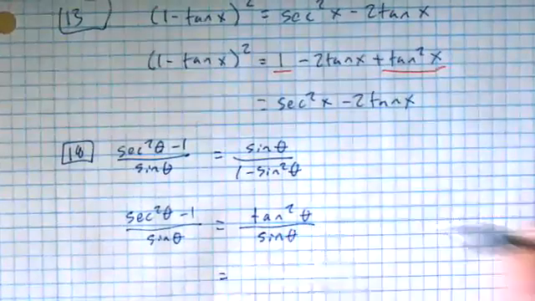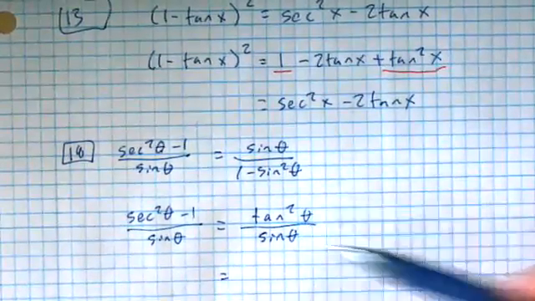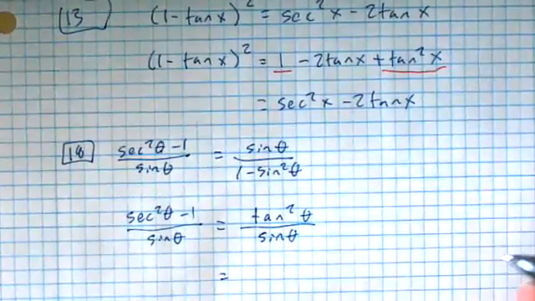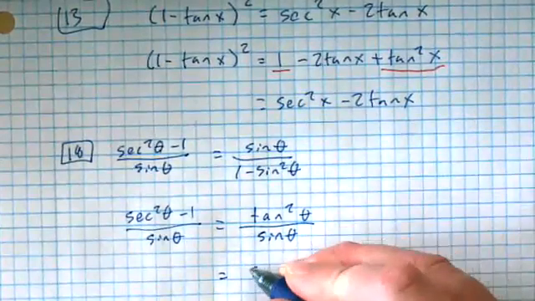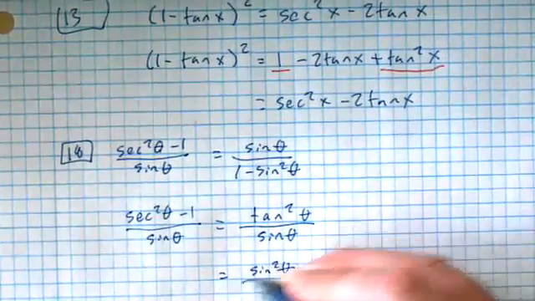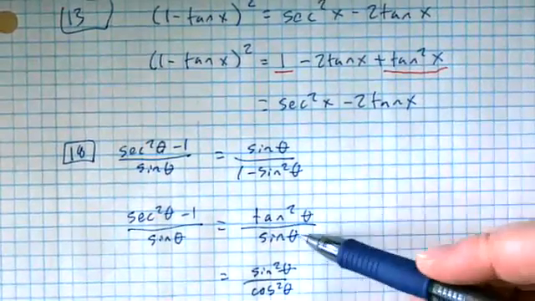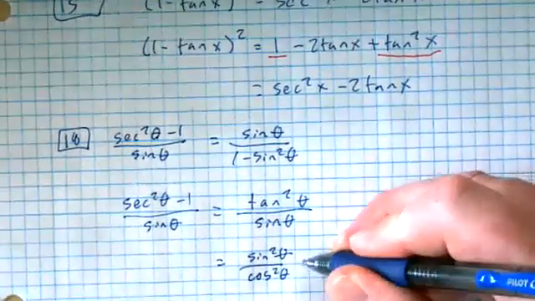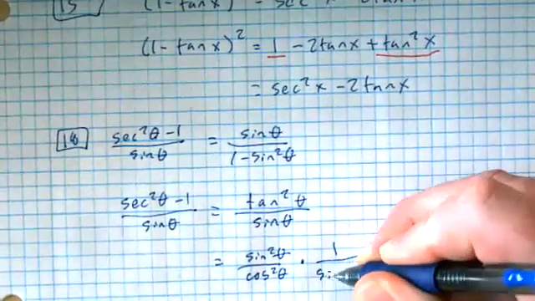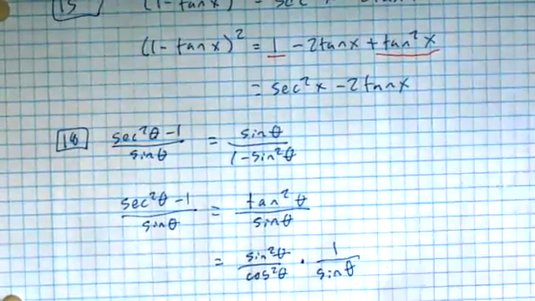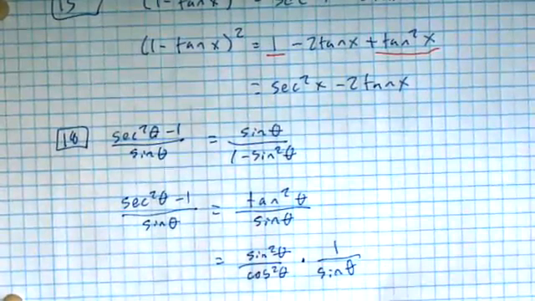I'm thinking about turning this into all sines and cosines to see what happens. So tangent squared becomes sine squared over cosine squared. And instead of dividing by sine, I'm going to multiply by the reciprocal of sine. Are we okay with that first step?